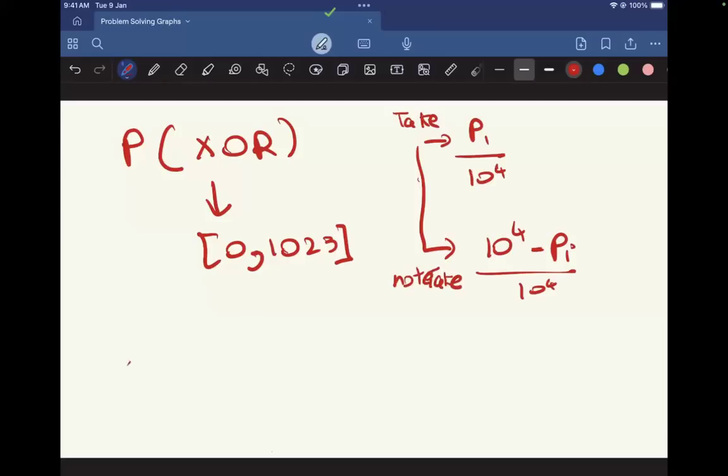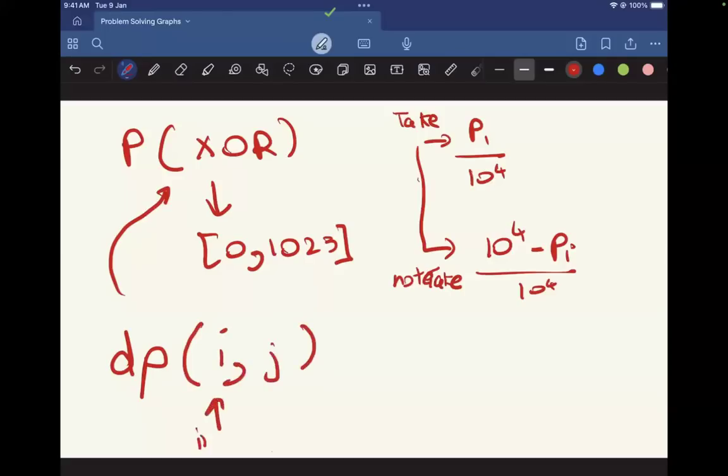So can we apply dynamic programming to calculate the probability of getting this XOR? dp of I, comma j represents that we are on index I, and the XOR that we have made till now is equal to j. Yes or no?